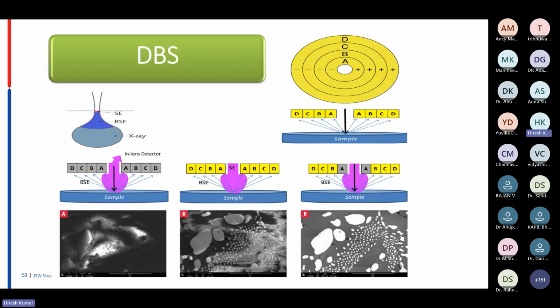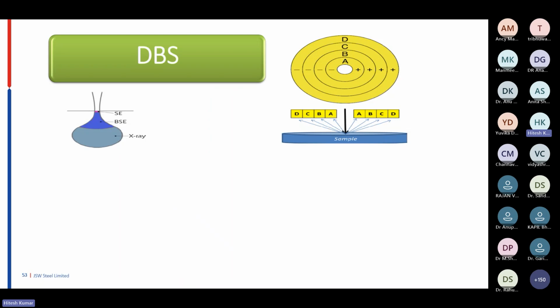Okay, the second question you talked about: why can't we use magnetic samples in scanning electron microscopy? As you see in the structure, you have electromagnetic lenses.